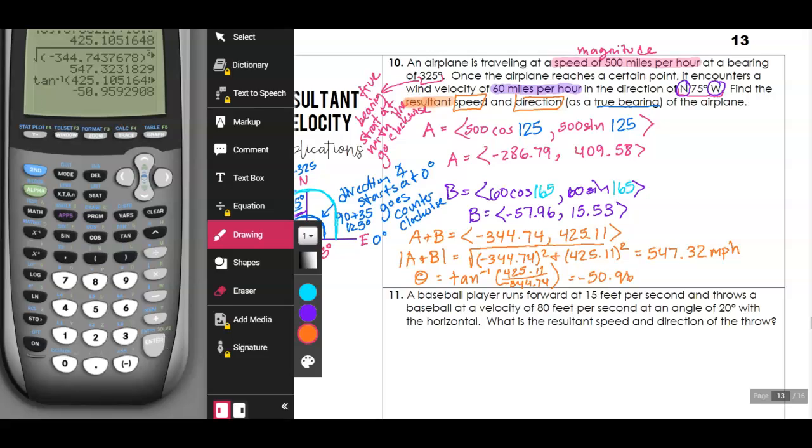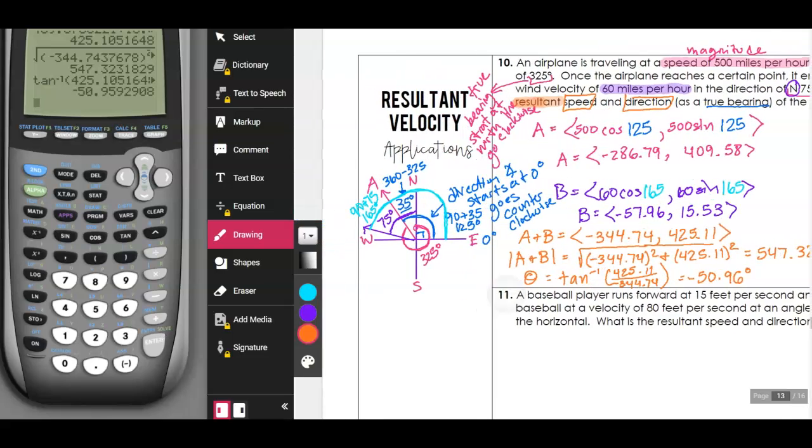Now, what? Should I circle it? Done? No, I should not, because remember, when our calculator is finding the direction angles, we need to think about what quadrant our vector is in.